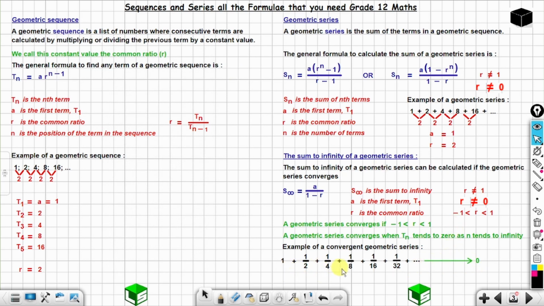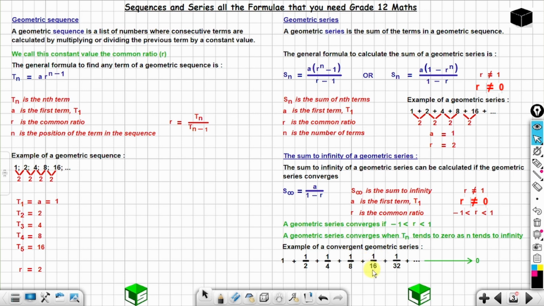We are getting closer and closer to 0. So the terms are reducing, getting closer and closer to 0 as n tends to infinity. This is n equal to 1, n equal to 2, n equal to 3, n equal to 4, because this is the first term, the second term, the third term, the fourth term, and the fifth term.